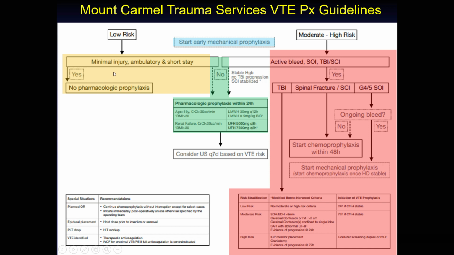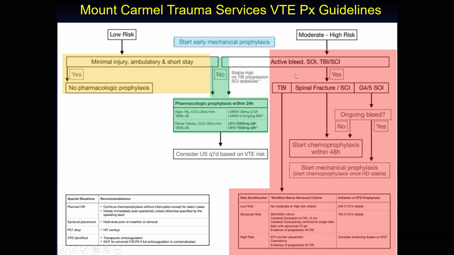Patients with minimal injury and going home within a day, it can be argued to do nothing, as highlighted here in the orange. Everybody that stays overnight, though, gets mechanical prophylaxis, typically with bilateral SCDs. If you can't do both sides, do one side. If SCDs aren't practical, use foot pumps. And again, early ambulation as soon as it's possible and appropriate.